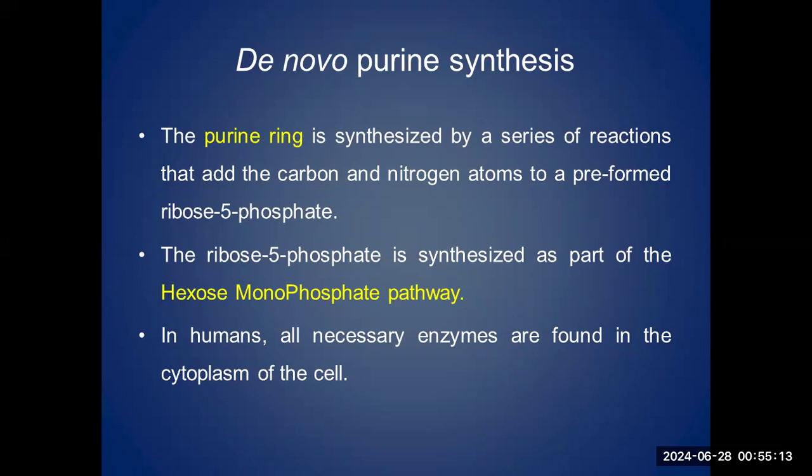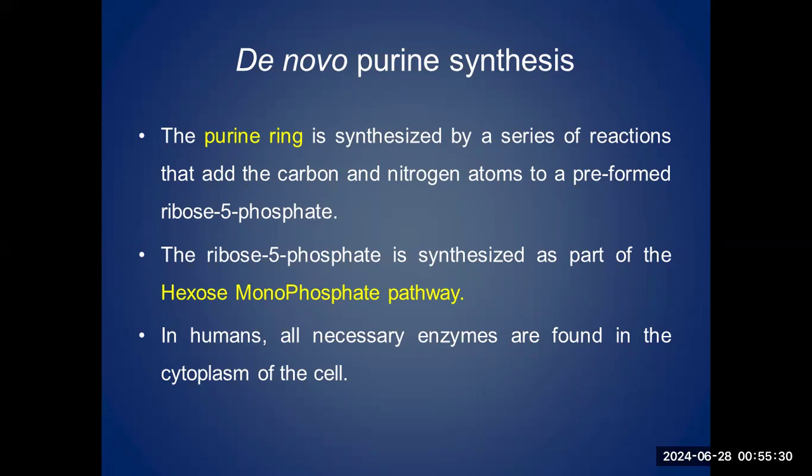Again, during de novo purine biosynthesis, the purine ring is synthesized by a series of reactions that add carbon and nitrogen atoms to a preformed ribose 5-phosphate.